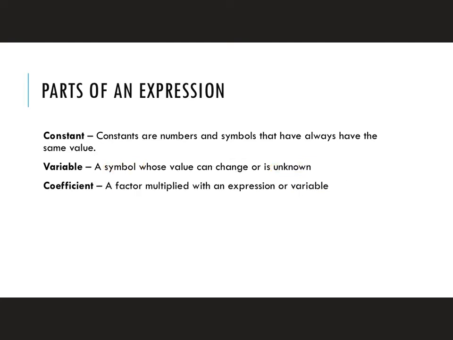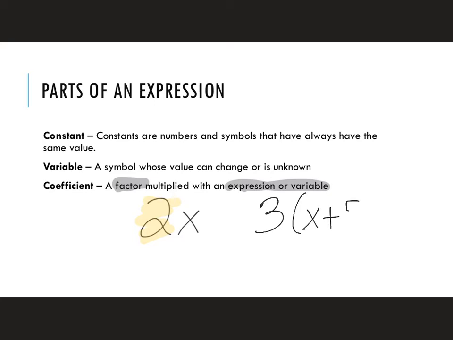Next we have a coefficient. A coefficient is a factor multiplied with an expression or a variable. So we might see 2x. In that case, 2 would be the coefficient. I might see 3x plus 5.